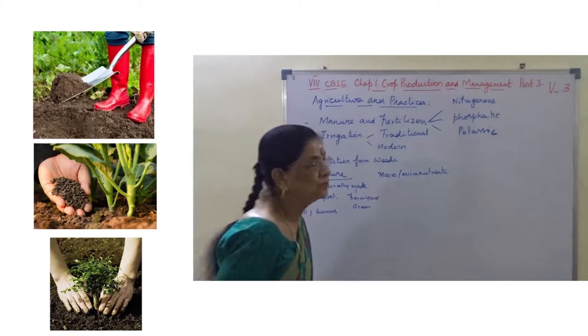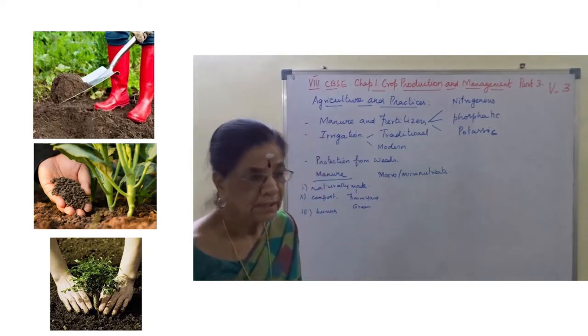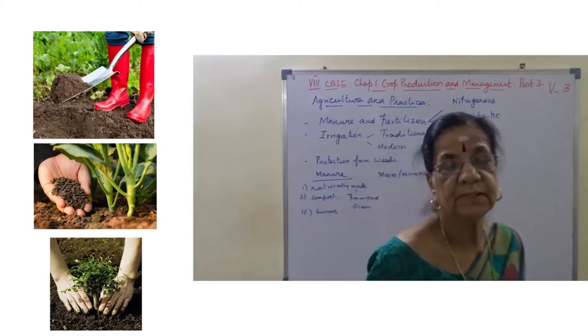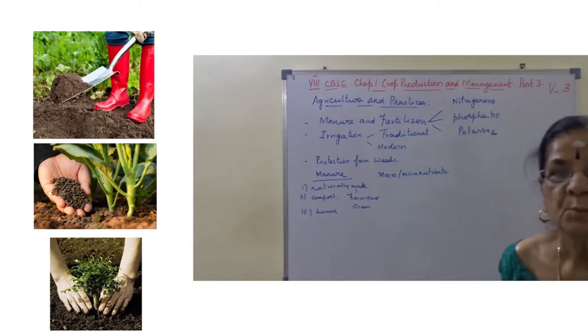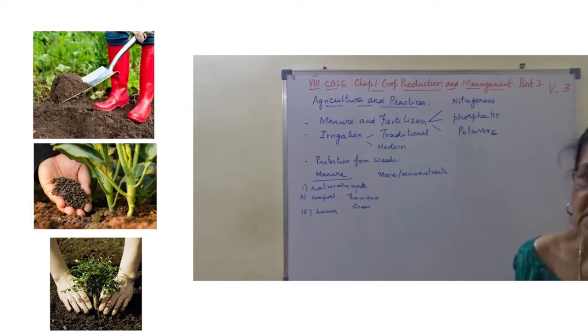Right? So for nitrogenous, there is diammonium phosphate and other nitrogenous fertilizers such as urea. They are forming nitrogenous fertilizers. For potassium, there are potassium sulfate and potassium bisulfate.